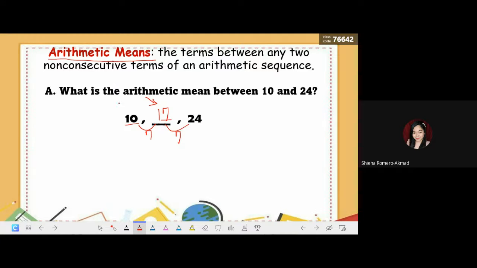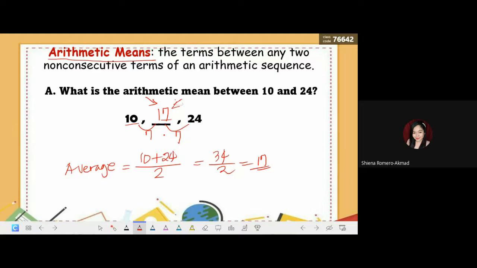I-add natin si 10 and si 24. Then, i-divide natin to 2. 10 and 24 is 34 divided by 2, that's 17. Meaning na nasa gitna nila is 17. We call this the average. Okay? At makukuha mo yung arithmetic mean, yung nasa gitna ng dalawang term kapag gumamit ka ng average.